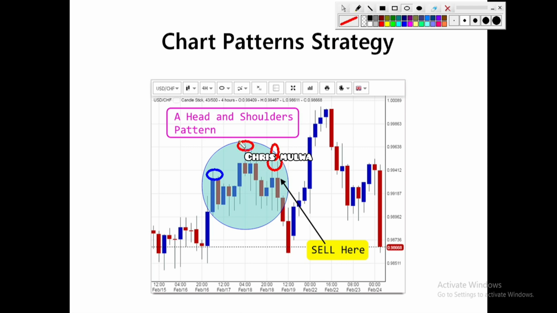A shoulder should not go above the head. According to this one, you can sell at this point. And when you are selling, you can use candlestick patterns to determine the appropriate place to place your sell position.